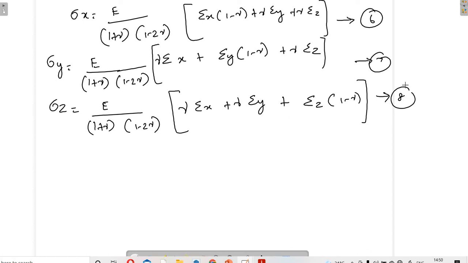So we have derived 3 components of the state of stresses. This is the normal stress value. Another 3 components we are going to derive, that is shear stress. Next we are going to derive the shear stress value, so the relationship between shear stress and shear strain.